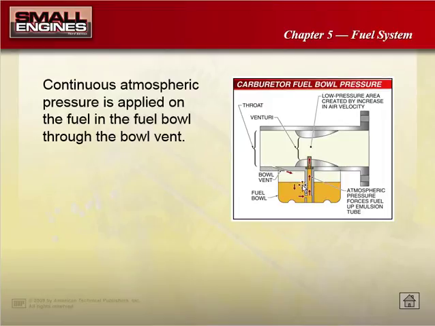The reason we want atmospheric pressure in our bowl vent is because when that air hits this venturi and the pressure starts to go down on it, and it starts to increase speed, okay, pressure's going down, speed is increasing. What's happening is this low pressure area also takes fuel from this high pressure area and sucks it up this emulsion tube right here. So that's called an emulsion tube in the middle of our carburetor. And we have a bowl vent and a fuel bowl.